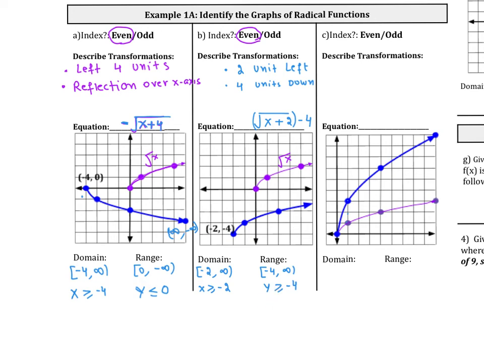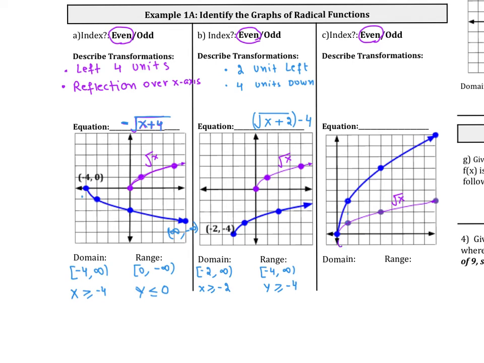Now let's discuss the next one, that is c. We can see in letter c that it's a square root function, so it's an even function. For the transformation, it's very interesting. This function and this function go in the same direction, and the starting point is also the same.